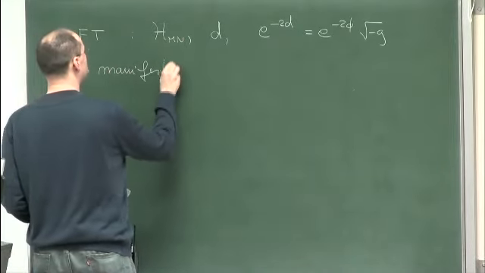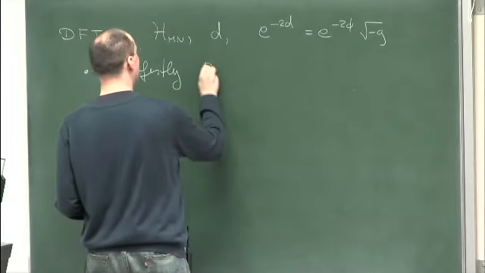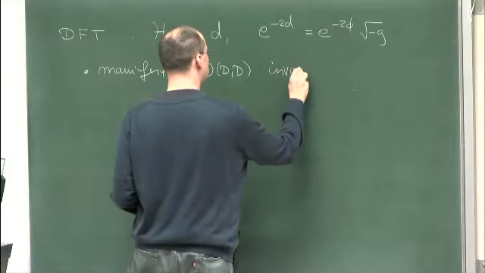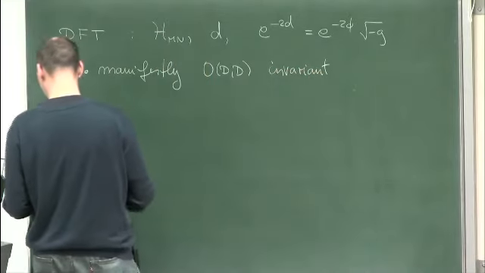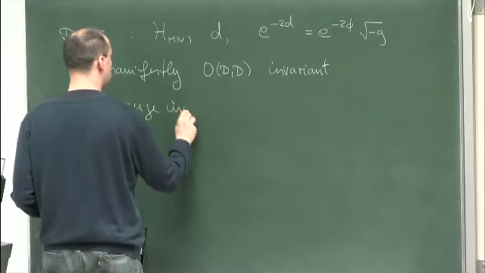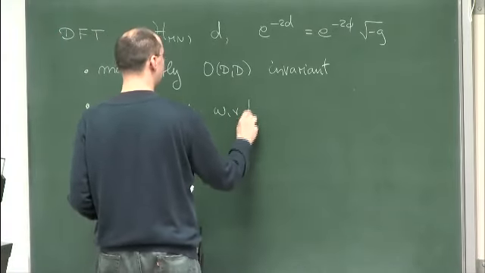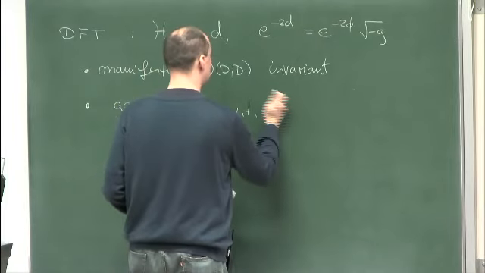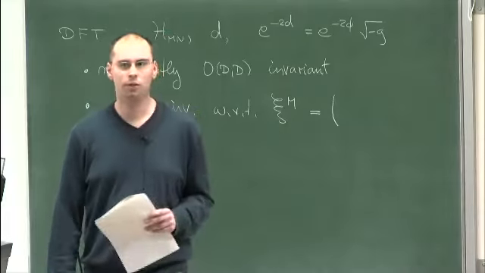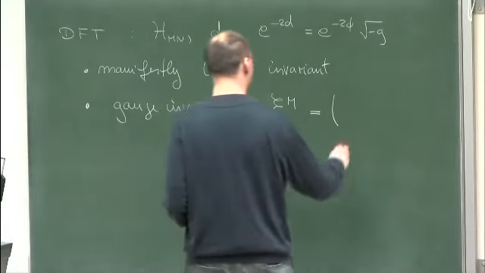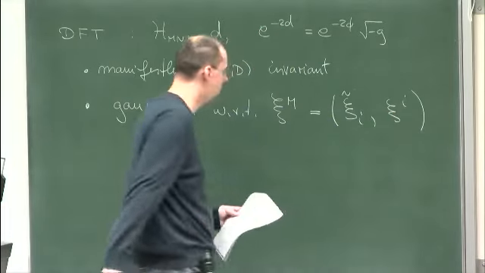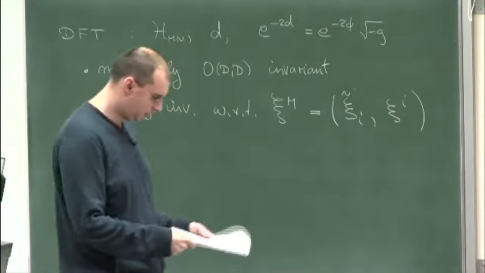I'm not going to write it down because I don't use it explicitly here. And it has a gauge invariance with respect to a certain parameter, psi M. So it's a parameter that's an O(D,D) vector index, and it has components psi tilde I, psi I, if you go to the d-dimensional indices.